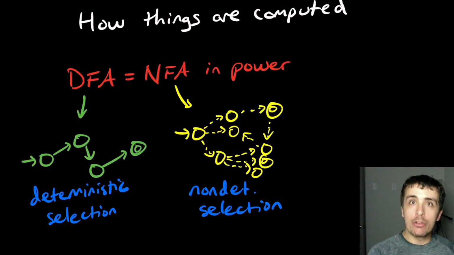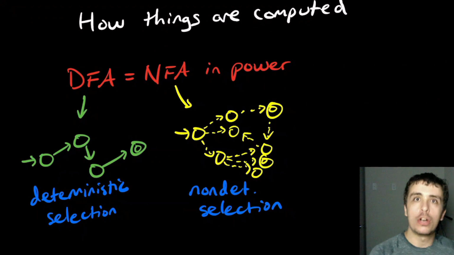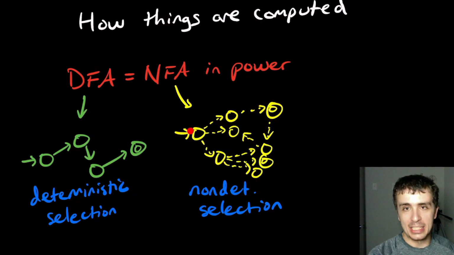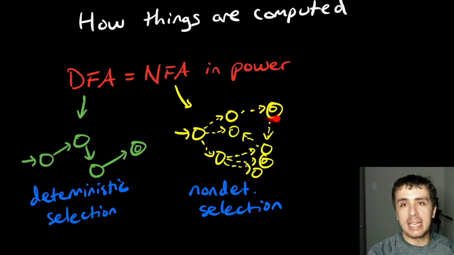How non-determinism helps us here is it guesses the solution correctly if there is such a solution. If there's no way to get to a final state in this case, then it'll just make any choice. But if there is a way to get to the final state, let's say that one right there, then it will make some set of choices that will eventually lead to that particular state here.